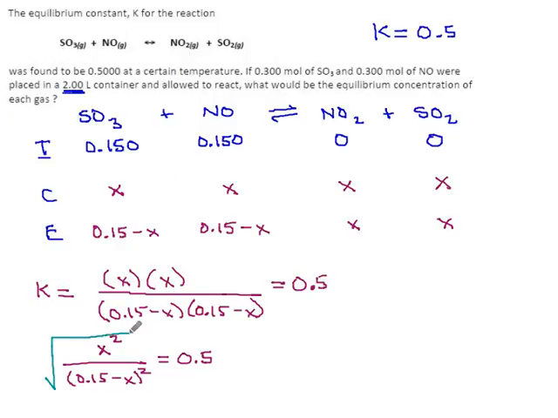So if we square root our left side and square root our right side, because we have to treat both sides the same way, what do we get out of that? Well, the square root takes the squares off of both of these. It unsquares the X and it unsquares the denominator too. So we get X over 0.15 minus X equals, and the square root of 0.5 is 0.707. Might want a couple more. 0.70711, I guess.